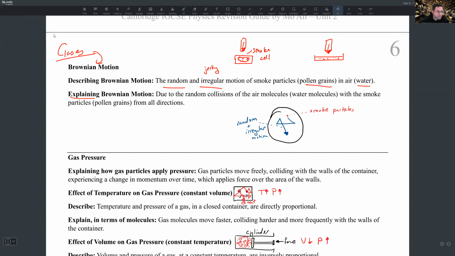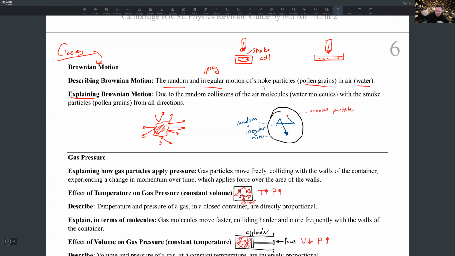It's because each smoke particle is surrounded by little bits of air molecules. Every single air molecule, as it moves, eventually collides with this smoke particle in random directions, in different directions. Look at the way I'm using the terms.